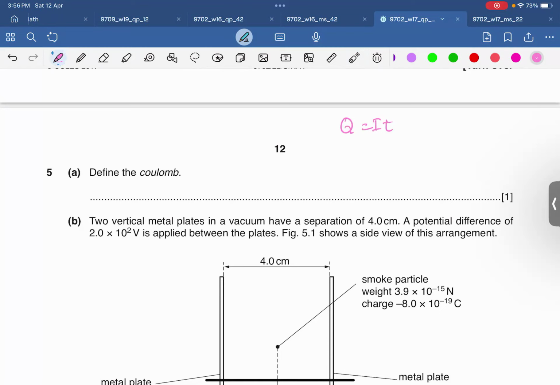Bro, come on. They are asking for the coulomb and not the charge. What do you say then? Sir, I don't know.